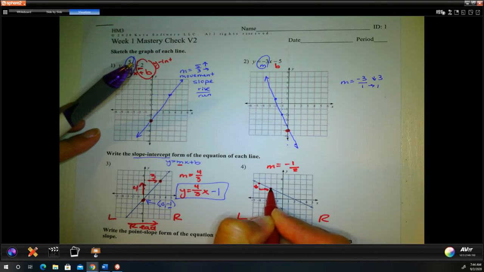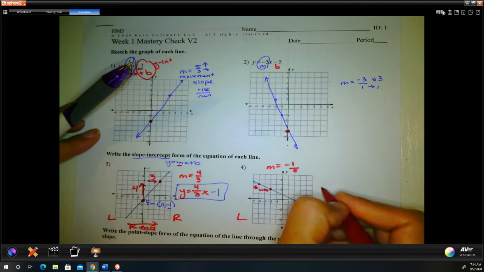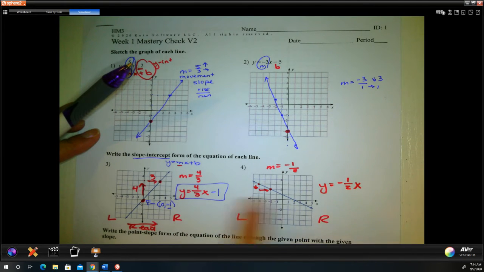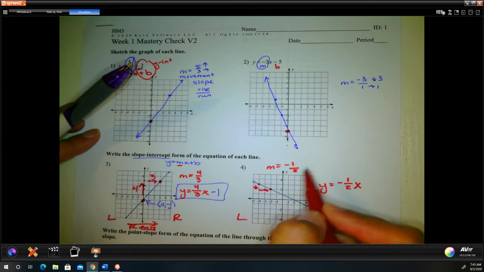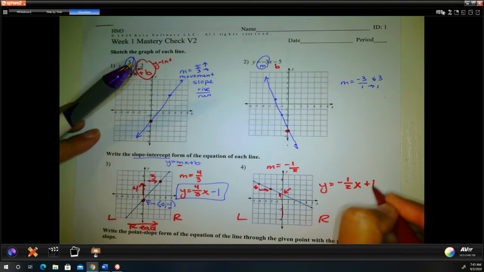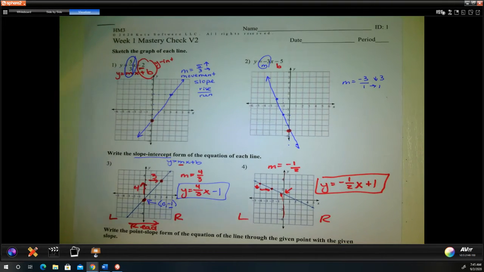Down 1, over 2. So my slope here is -1/2 x. A lot of you guys forgot to put the x. You need y and x so that you're showing the relationship between those 2 variables. Next part is just to find this b. If I look, it's hitting my y-axis at 1. So that's going to be +1.